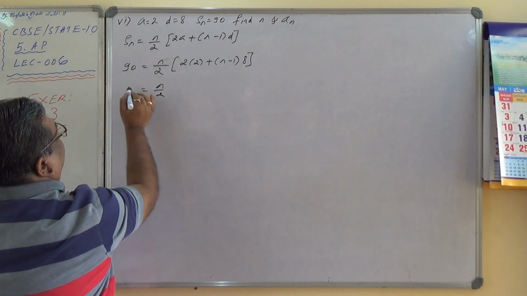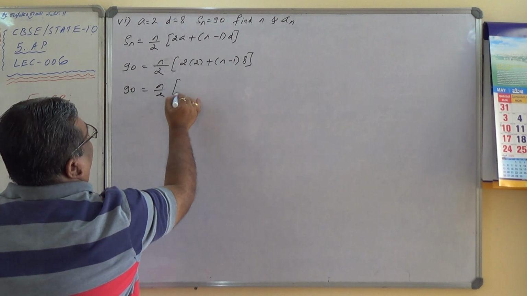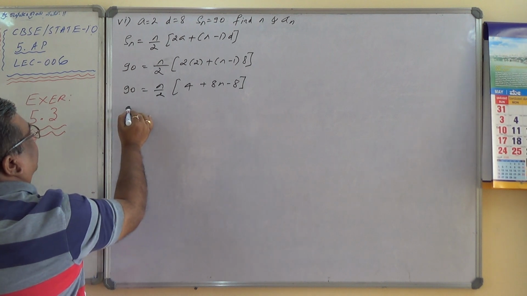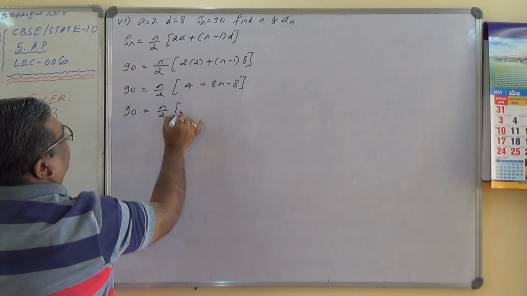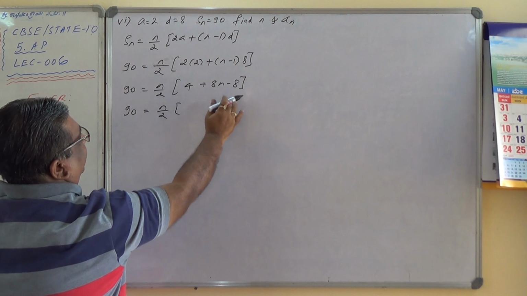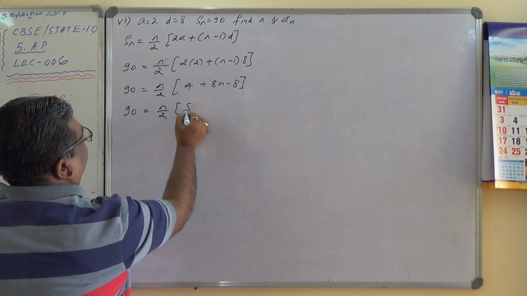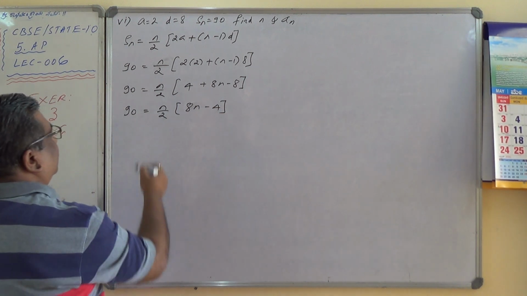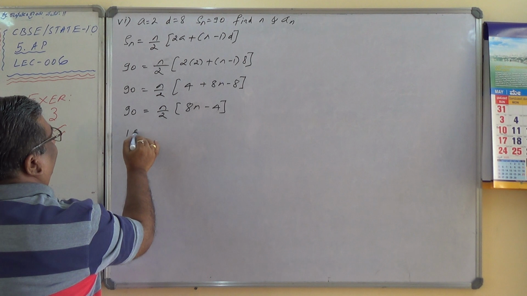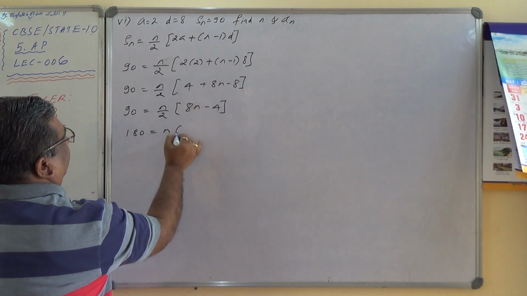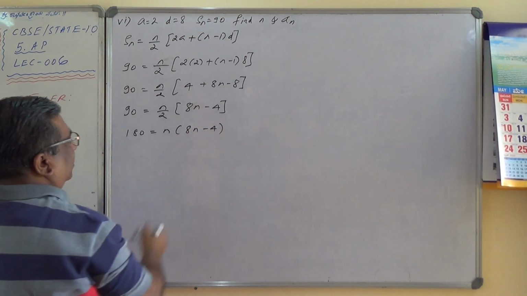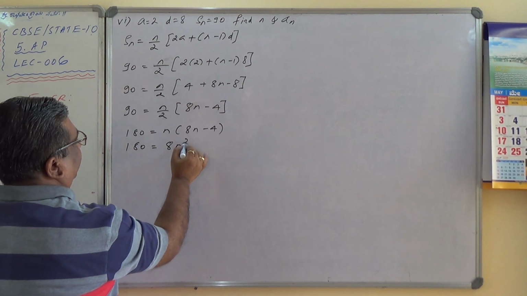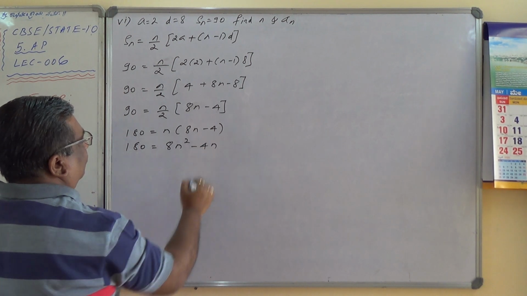So 90 equals n by 2 into 4 plus 8n minus 8. 4 minus 8 is minus 4, so I can write 8n minus 4. Multiply by 2 here: 180 equals n into 8n minus 4. So 180 equals 8n square minus 4n.